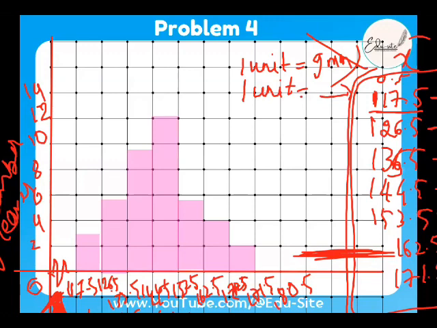Next two left out. Where are the next two? They have given two more questions here. Okay, are you done? Yes. I cannot find the next part. 171.5 to 180.